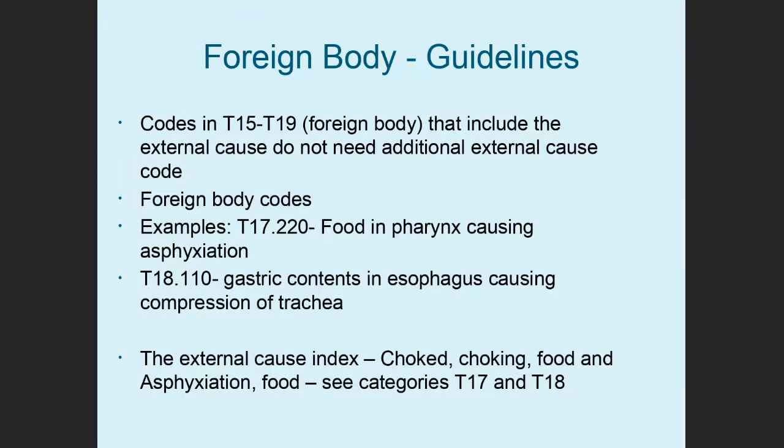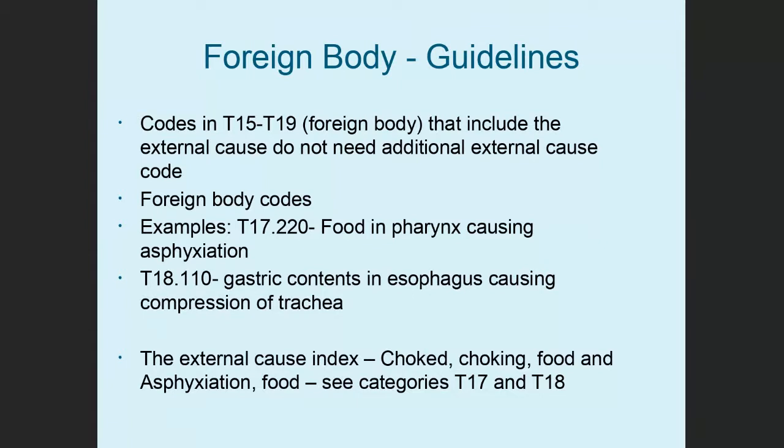There are also some guidelines dealing with coding for foreign bodies. If the code includes external cause information, you're not going to also use an external cause code. That would be redundant and wouldn't provide any additional information. For example, T17.220, food in pharynx causing asphyxiation.